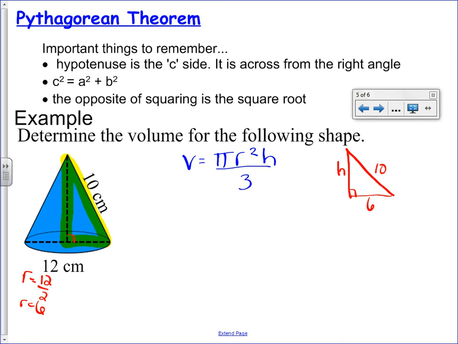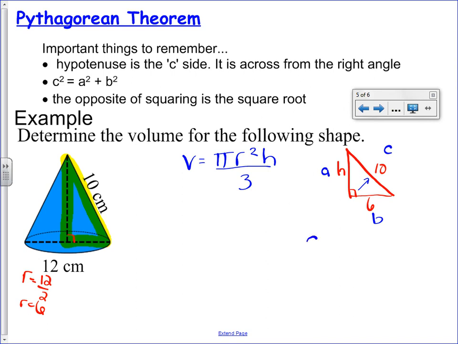So I've just labeled my triangle. I want to find the height. I was given the slant height. I was given this. Now I need to determine, what is my C side here, Tristan? Yeah, so C is my hypotenuse, so I draw my arrow across, so this is my C side. It doesn't matter what I call A or B. So now I'm going to plug it into my formula.